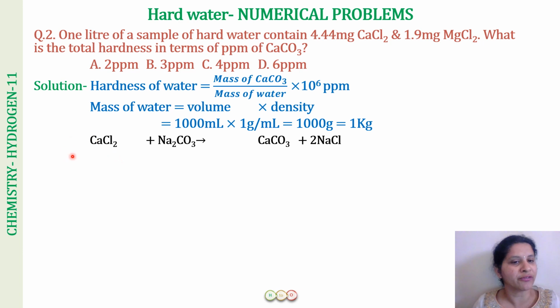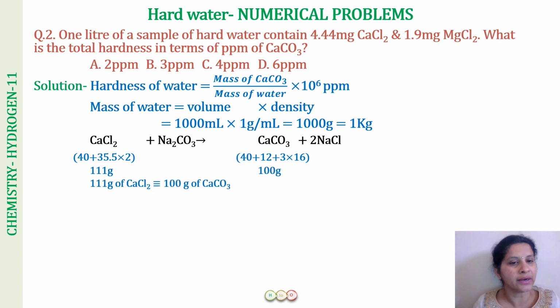So 1 mole of calcium chloride is going to give me 1 mole of calcium carbonate, isn't it so? So if I have the molar mass, it is going to be 111 gram for calcium chloride, 100 gram for calcium carbonate. So from 111 gram of calcium chloride, I am going to get 100 grams of calcium carbonate.